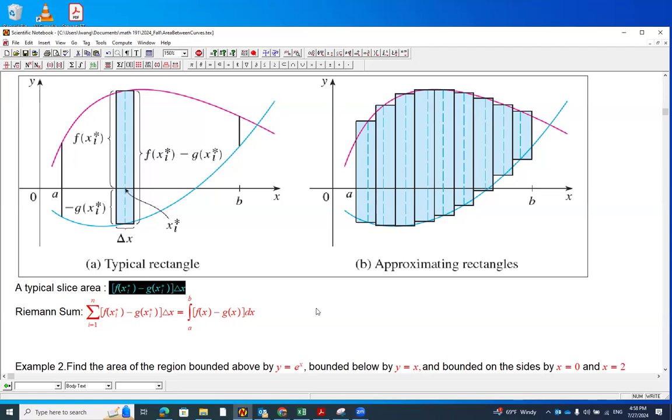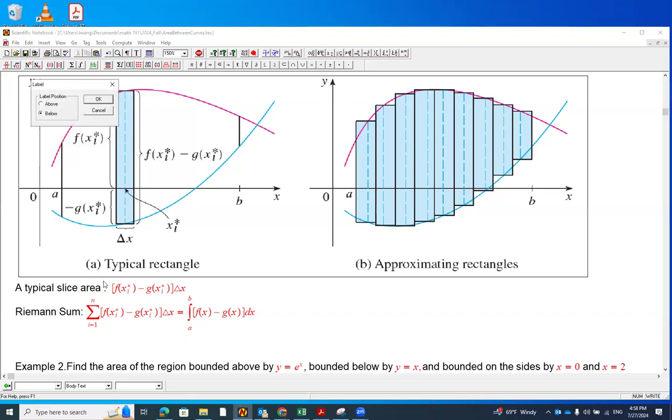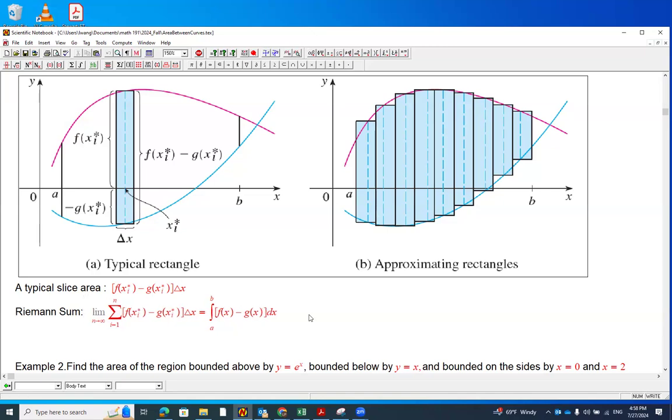Once we get the typical slice, we just take the limit as n approaches infinity, and we get our definite integral.